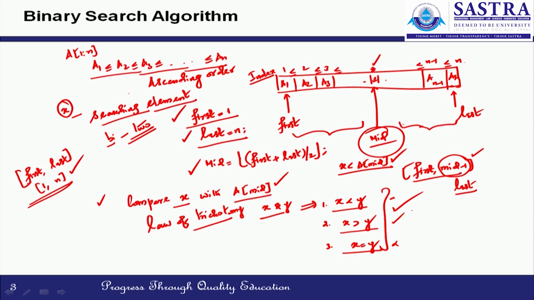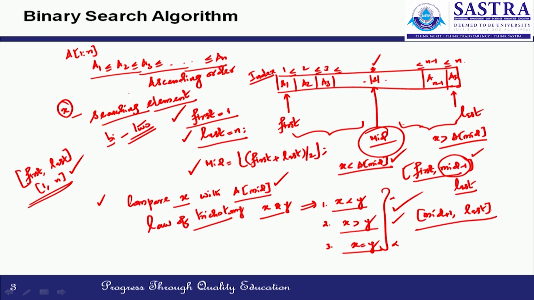That means the searching element x is greater than A of mid. In this case, the search range to be explored is mid plus 1 to last.